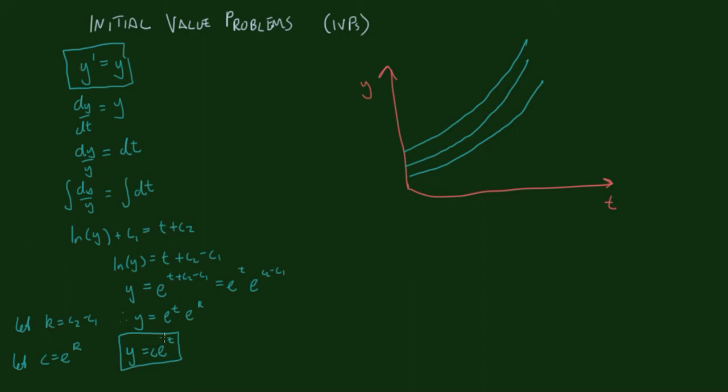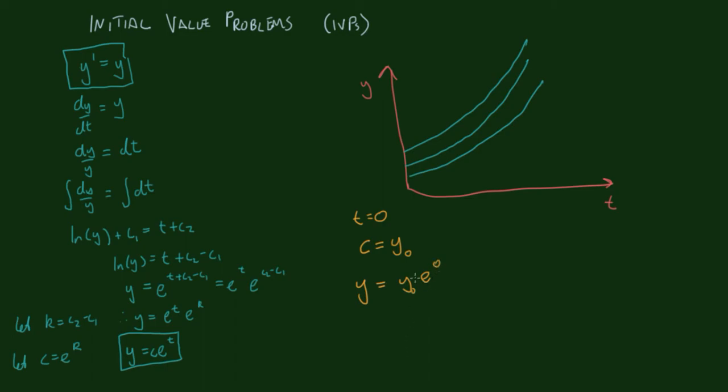Now if we fix c, let's say c was equal to some initial value y0, this is when t is equal to 0. We're saying that c is going to be equal to y0. So therefore y is going to be equal to y0 times e to the t.